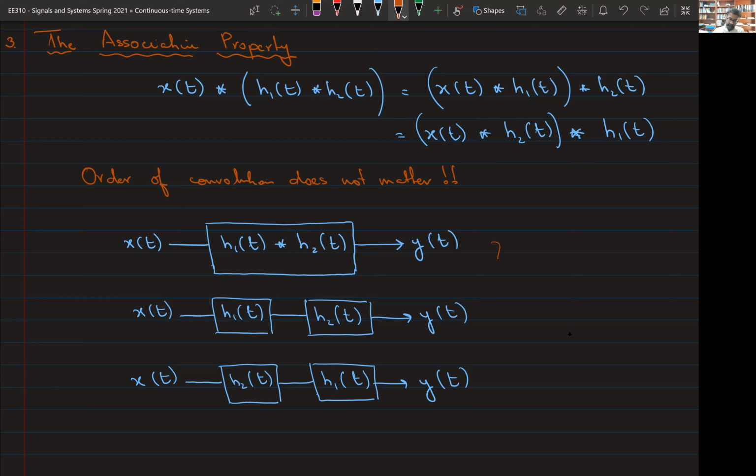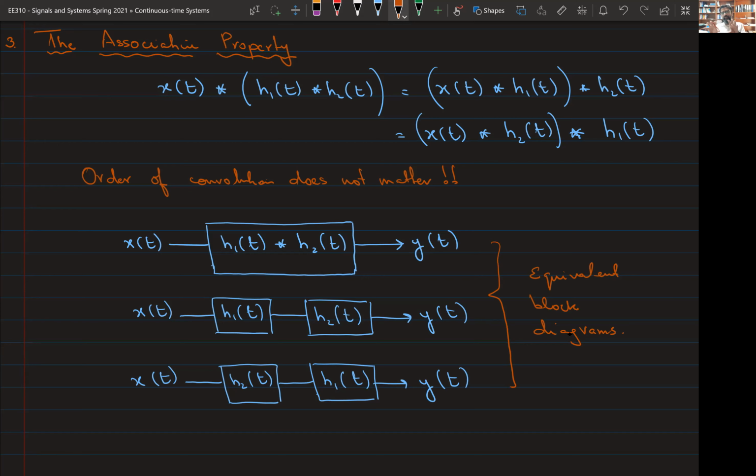And all these three are equivalent, so they're equivalent configurations, equivalent block diagrams. So what that means in a practical sense is, if you have LTI boxes which are placed in series, the order of that serial connection does not matter.